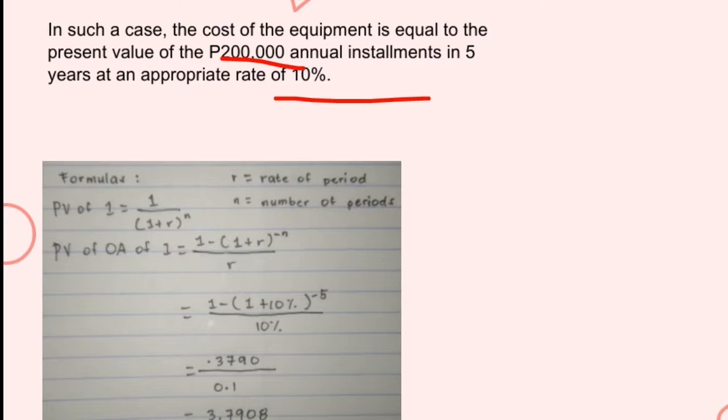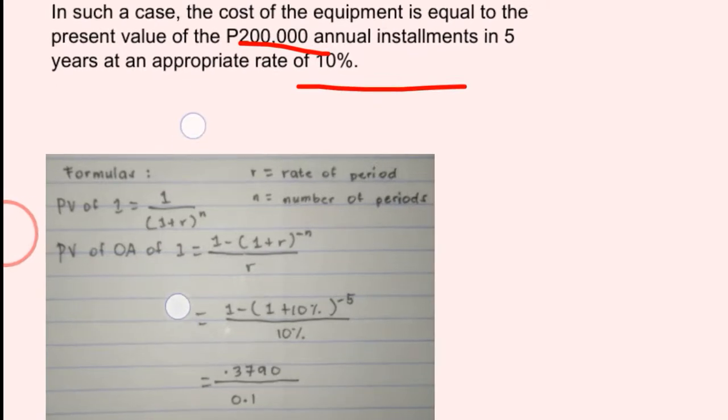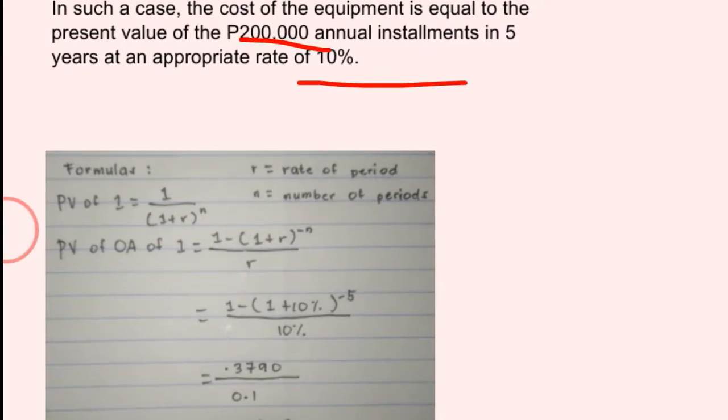So when do we use the PV of 1 and the PV of an ordinary annuity of 1? We use the PV of 1 if the problem states that the note payable is paid in a single lump sum, at one specific time, the whole payment, like a term bond.